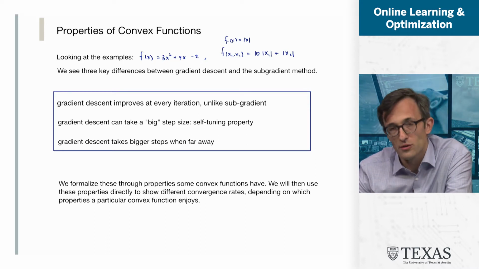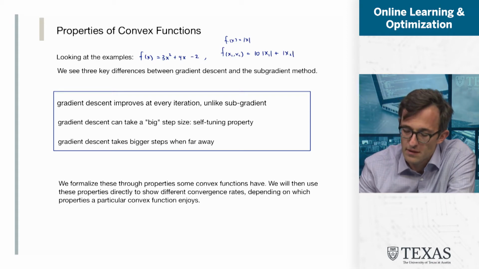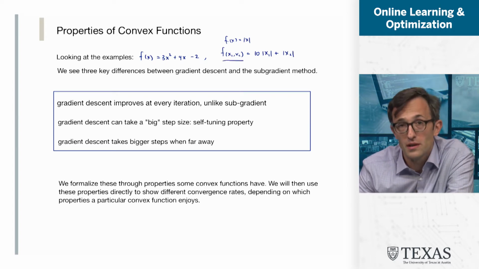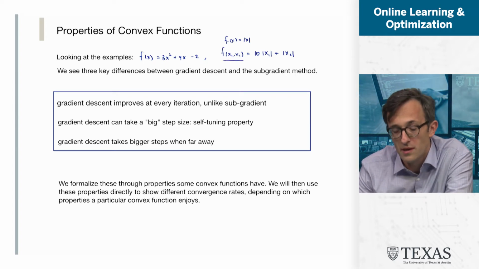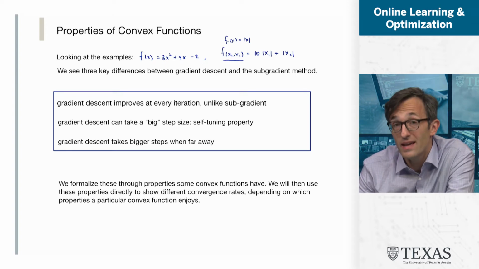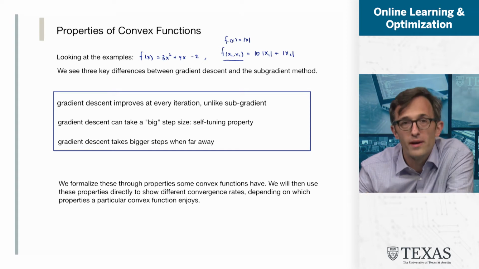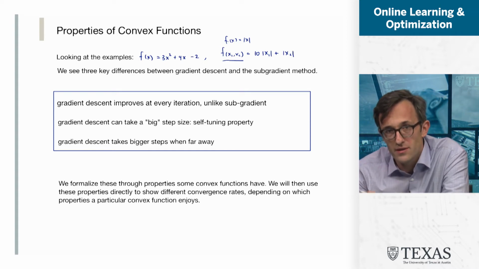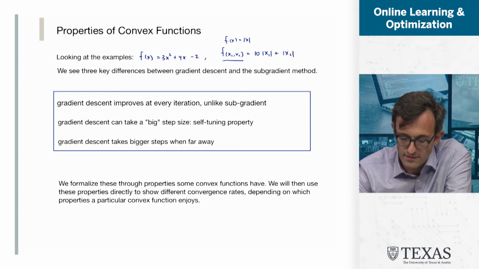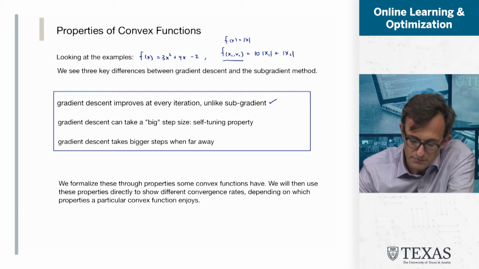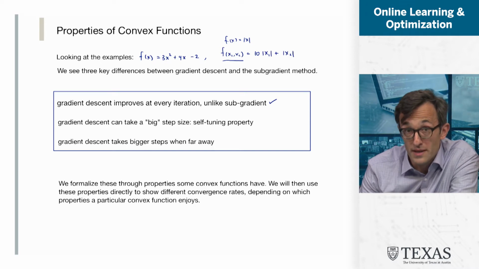This is not necessarily true for subgradient descent, and you can verify this by actually computing a subgradient of this function here and checking that at certain points you may take a step that actually increases f. So we're always going to talk about the subgradient method because it's not necessarily a descent algorithm, and gradient descent. That's this first point that we saw for these two examples.